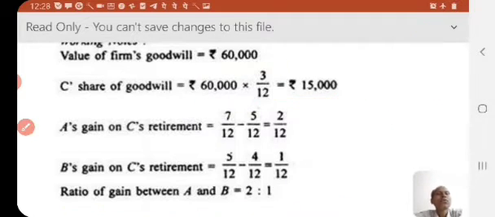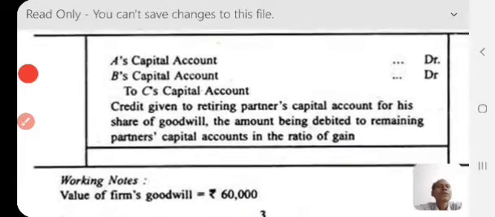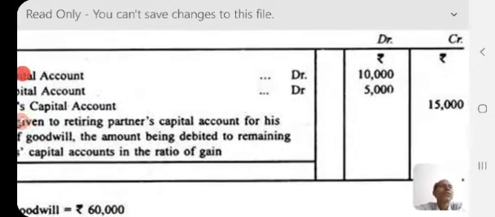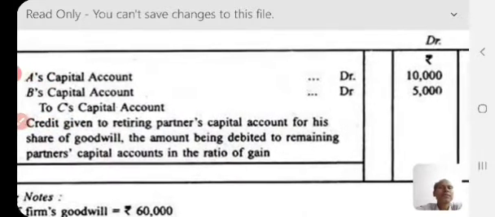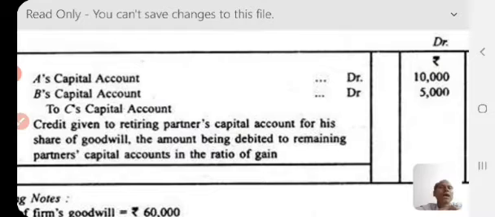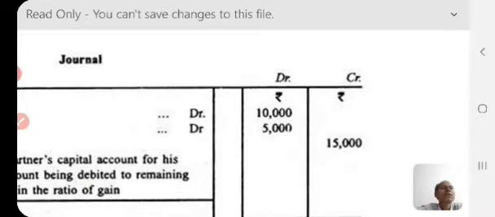Now, 2:1 gives 10,000 and 5,000. Again the entry is A's capital account debit, B's capital account debit, to C's capital account: 15,000, 10,000, 5,000, 15,000.